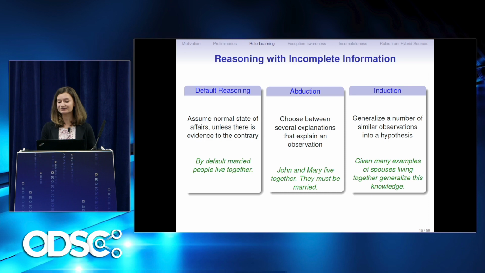And finally, the third one, the one that we are interested in, can be stated as follows. We generalize a number of similar observations into a hypothesis. Given many examples of spouses living together, we want to generalize this knowledge into the rule that we've seen before. And this is a specific type of reasoning under incompleteness that we are looking at today.